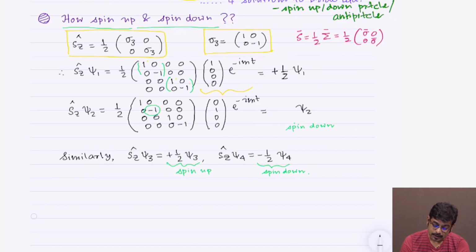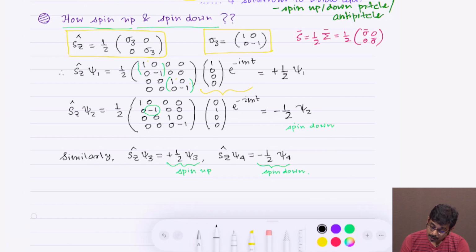Psi 2 was 0 1 0 0 e to the power minus i m t. Remember, both psi 1 and psi 2 were positive energy solutions, that means they are particle-like solutions. But now, if I act SZ on psi 2, this is 1 minus 1 1 minus 1 acting on 0 1 0 0. Can you tell me what I am going to get? This is going to give me minus half psi 2.